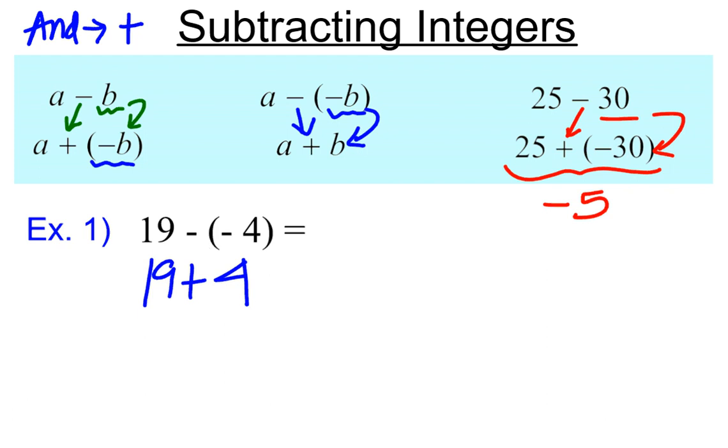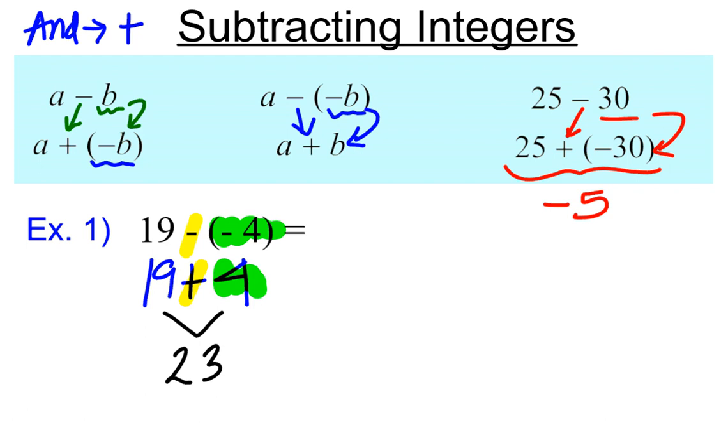We're going to add the additive inverse. Here we change the subtraction to addition because in order to subtract, we're going to add the inverse, right? And our inverse, instead of negative 4, is positive 4, because they're inverses of each other. Okay? So now we're going to complete this. 19 plus 4 happens to be 23.